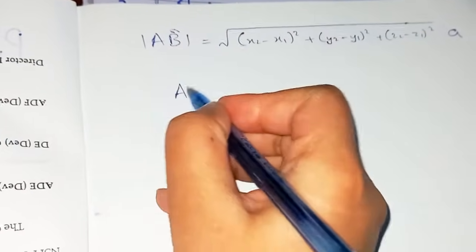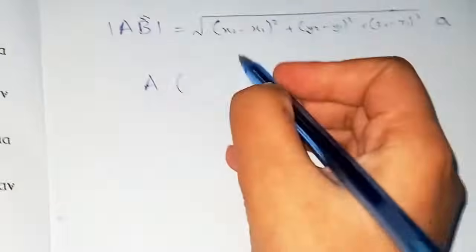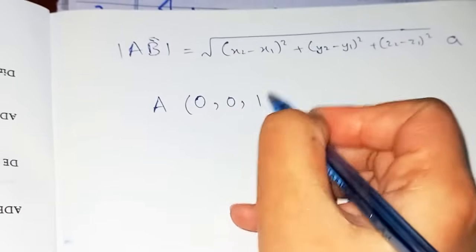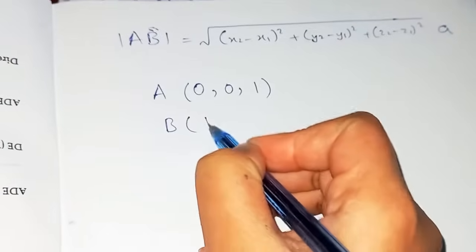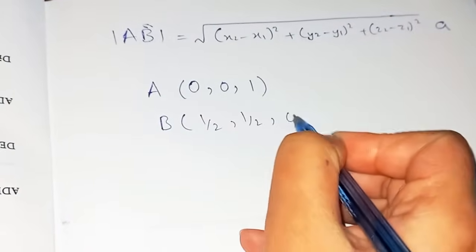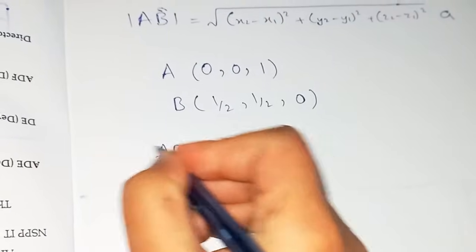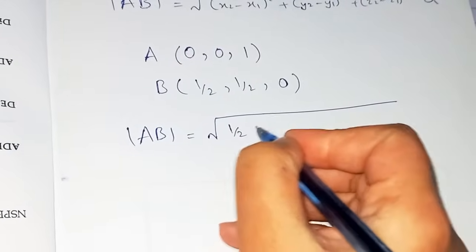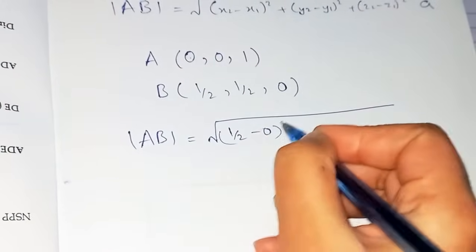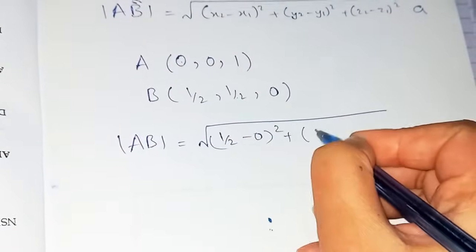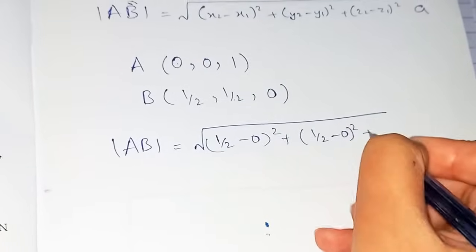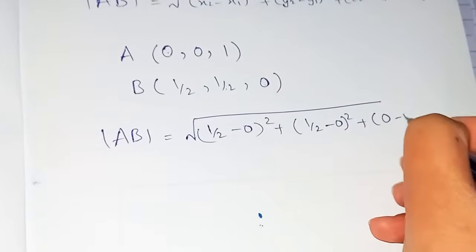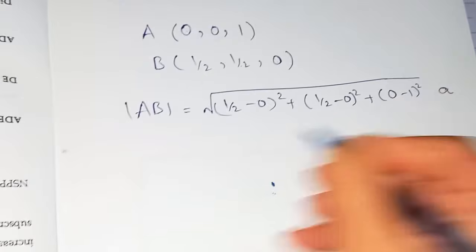Let me write the A coordinates here, which are 0, 0, and 1, and the B coordinates are 1/2, 1/2, and 0. Let's put the values right here to get the height. (1/2 minus 0) whole squared, (1/2 minus 0) whole squared, (0 minus 1) whole squared, multiplied by a.